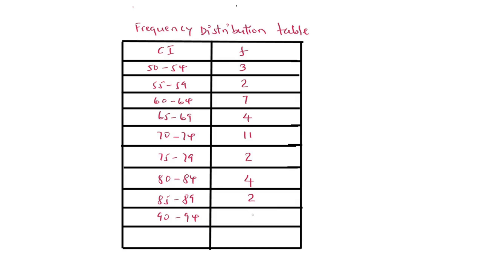And the last one is 1. To finalize our table, we find the summation of frequencies. After summing the values, we get 36. And this is the frequency distribution table required.